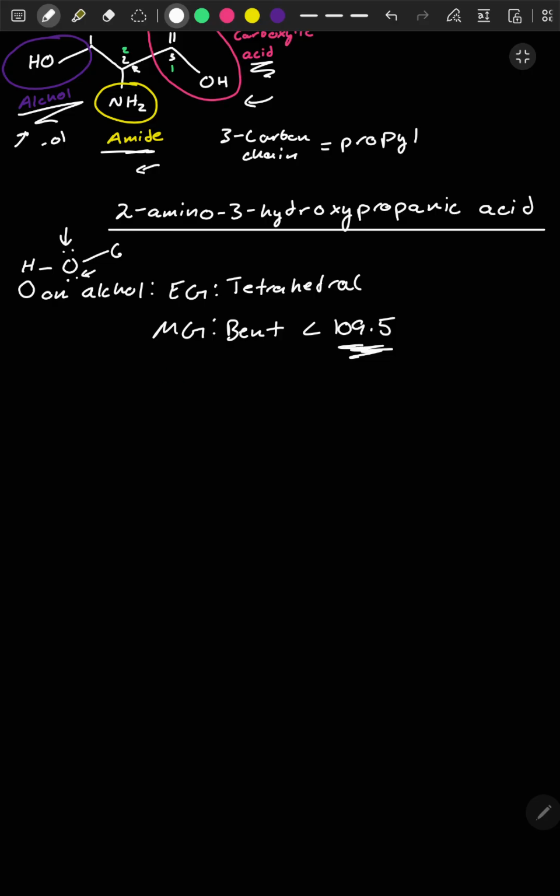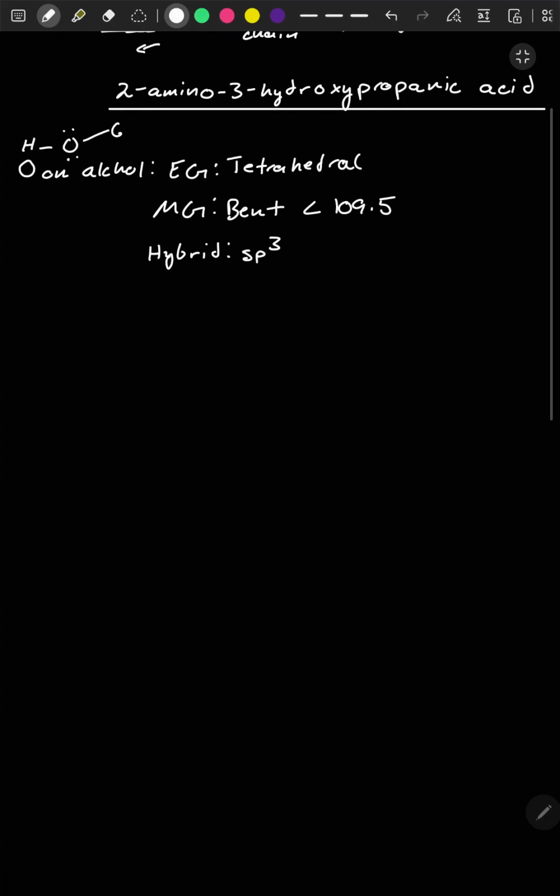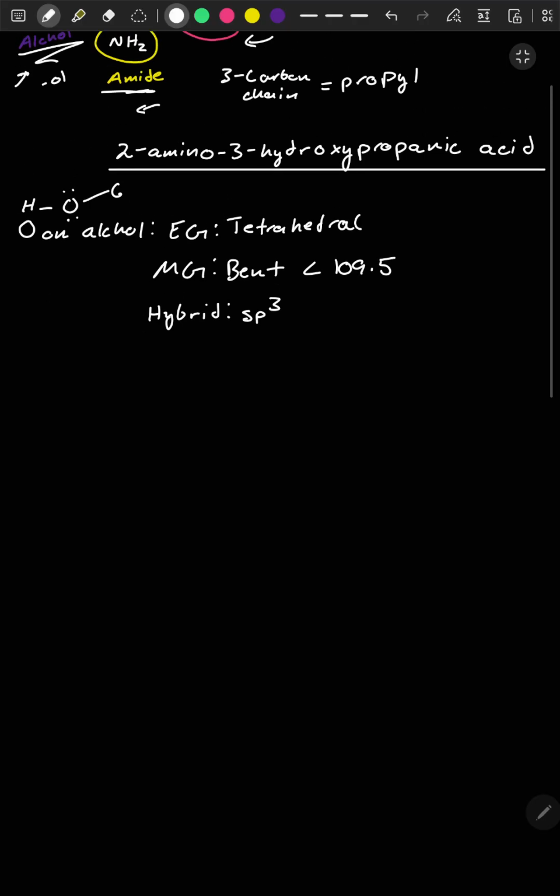So molecular geometry is less than 109.5, and our hybridization is going to be sp3 because we have 1, 2, 3, 4, and the hybridization depends on bonds and lone pairs. So we have sp3.